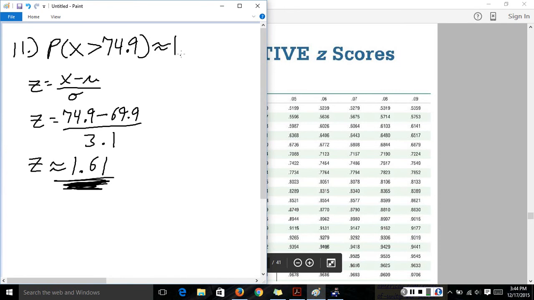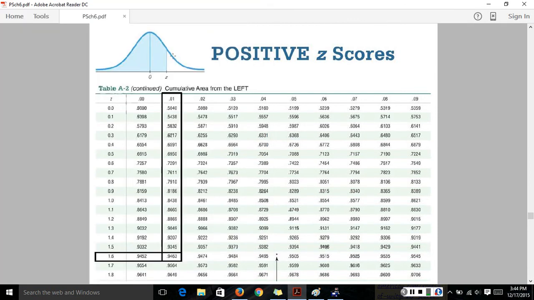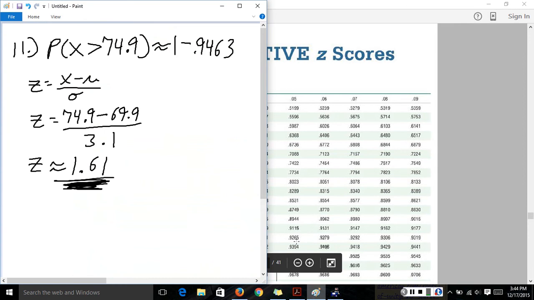So 1 minus 0.9463 will be my answer, because the z-score pages only give me the area to the left. I want the area to the right. So if I take what's to the left and subtract from 1, I get what I'm looking for.